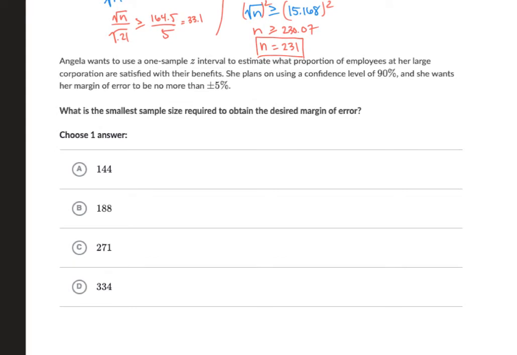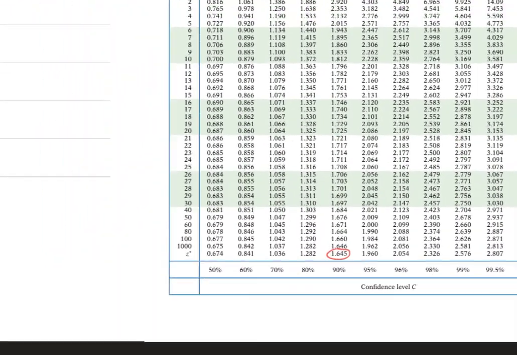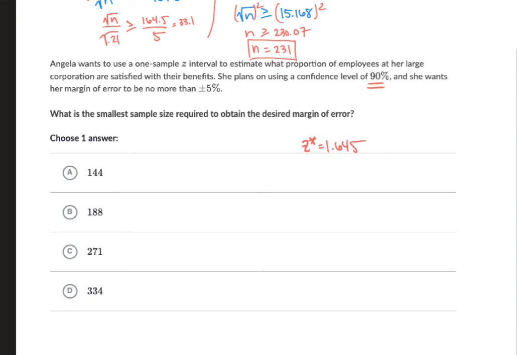This is significantly easier to do with a multiple choice problem. It says Angela wants to use a one sample z interval. We're doing a 90% confidence level, so we're going to use a z star of 1.645, just like the previous one. And we want our margin of error to be less than or equal to 0.05. To figure this out, we're just going to plug in different numbers.